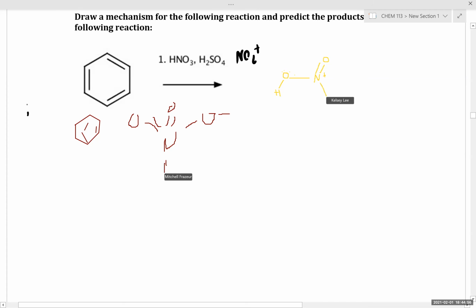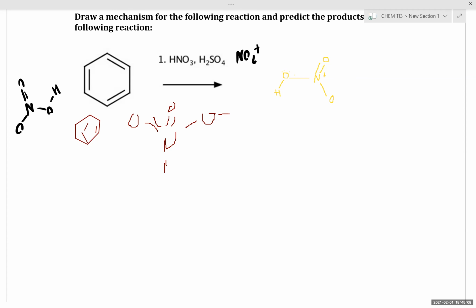And nitric acid, HNO3, looks like this, just for everyone's reference. So we have nitric acid, we treat it with sulfuric acid, and what is that sulfuric acid going to do?